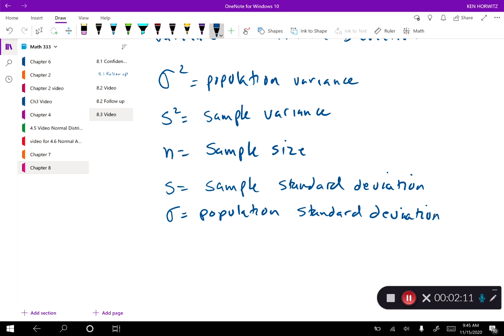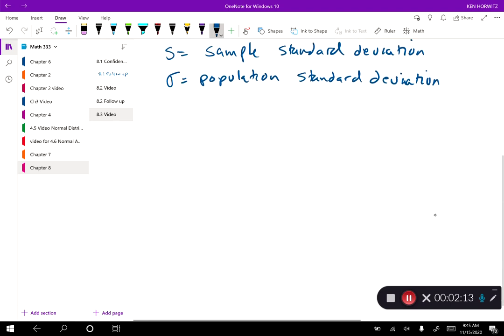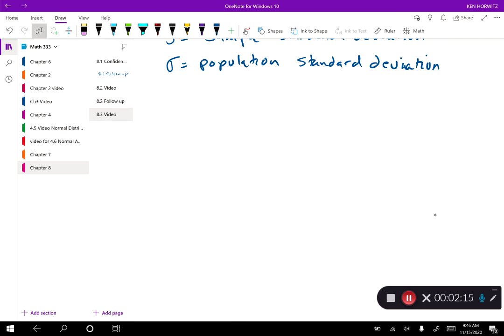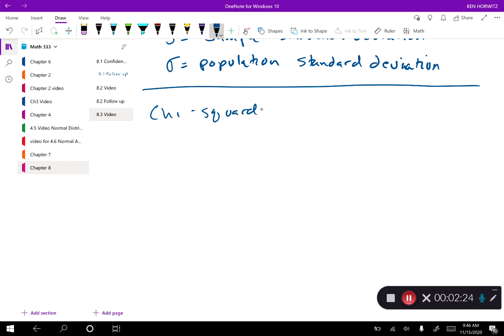Now, the difference between getting a confidence interval for the mean and getting one for the variance and standard deviation is we're just going to use a different distribution. The distribution that we're going to use is called the chi-square distribution. And chi is a Greek letter.